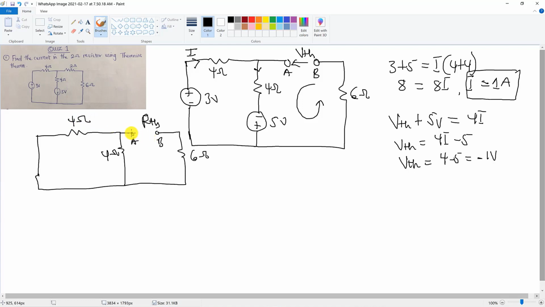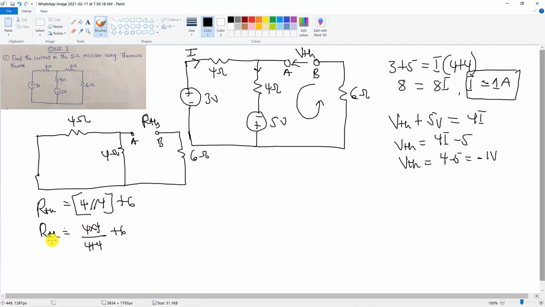So now looking through any of the terminals, A or B, we can see that this 4 ohm resistor is in parallel with this other 4 ohm resistor, and their effective is in series with the 6 ohm resistor. So our RTH is equal to 4 parallel 4, and then the effective in series with the 6 ohm resistor, and that gives us our RTH to be 4 times 4 over 4 plus 4, plus 6.